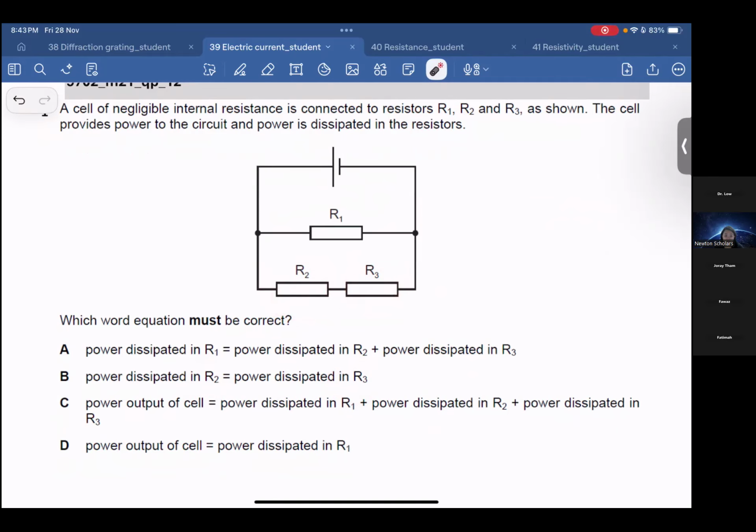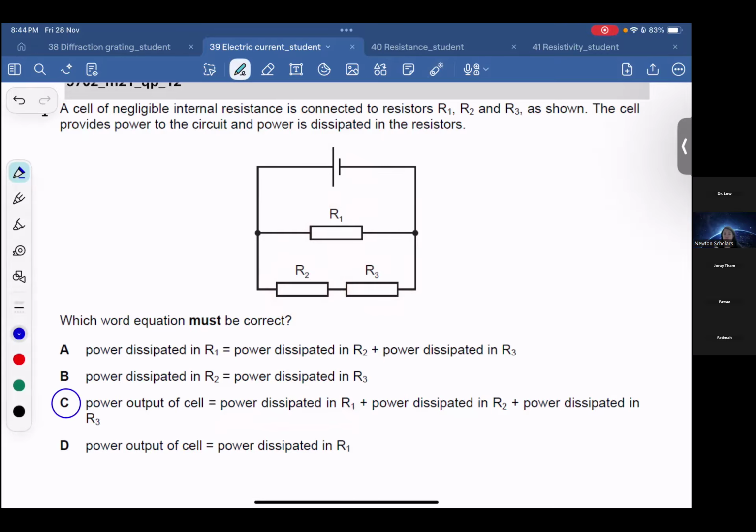But see here, power output of the cell. That means the total power in the circuit is the power dissipated at R1 plus R2 plus R3. Answer C is correct.